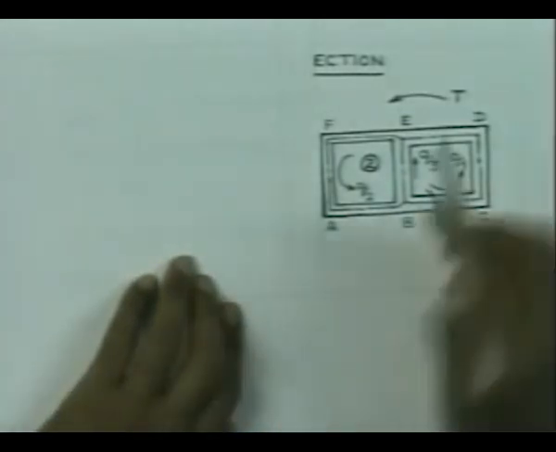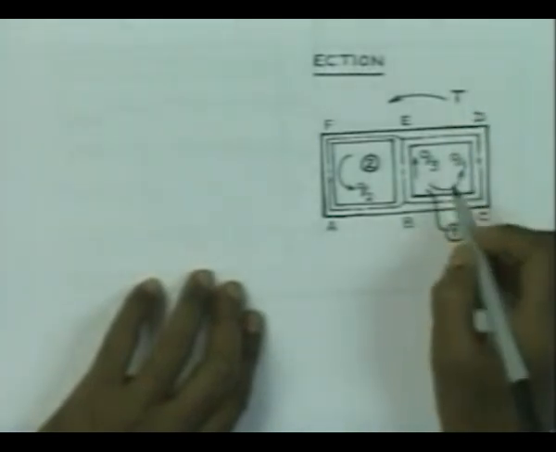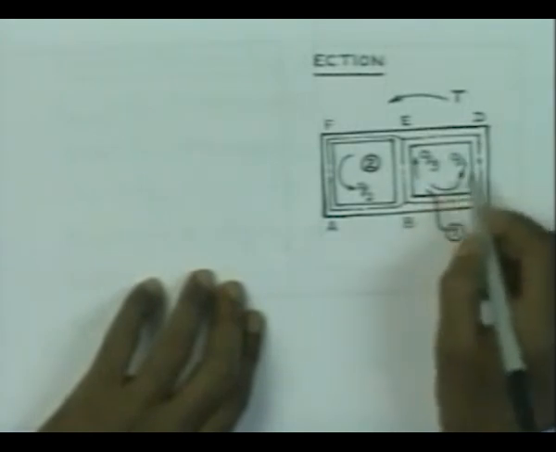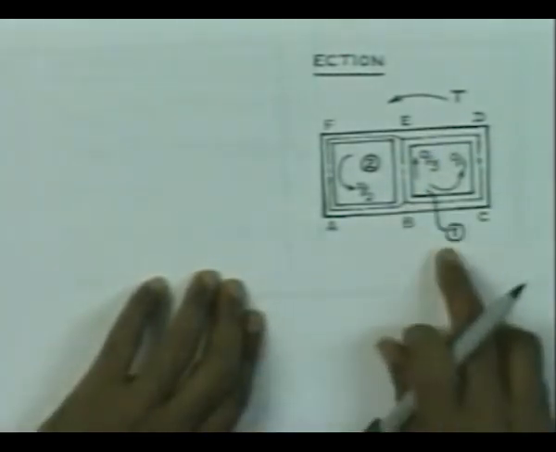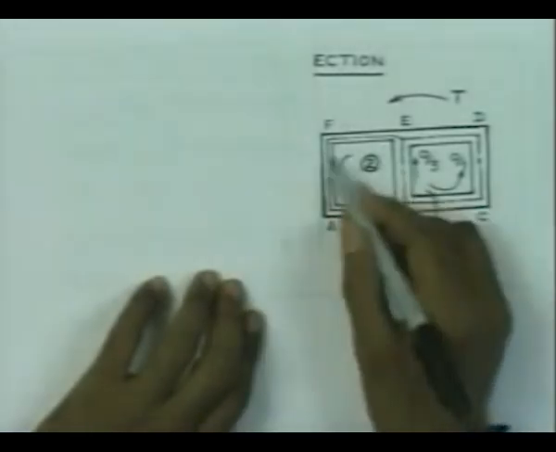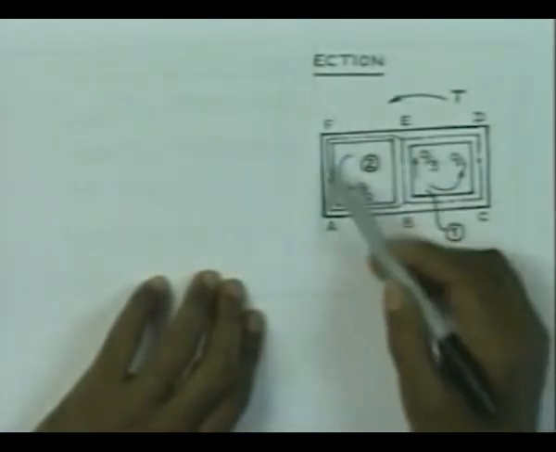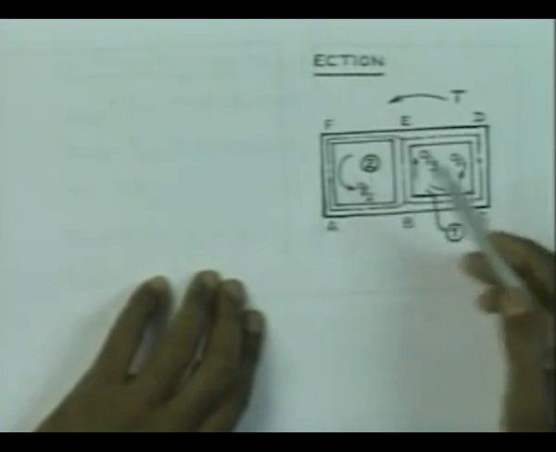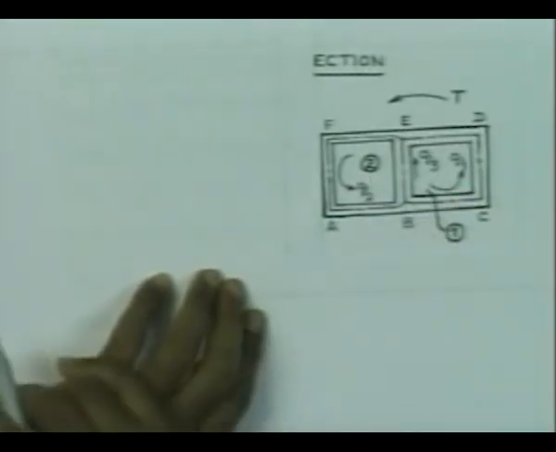The total torque that is acting on the section is T. Let us say that this path or box we would indicate by box 1, and this box which is consisting of the portion, let us say E F A B E is 2, and here it is B C D E B is box 1.